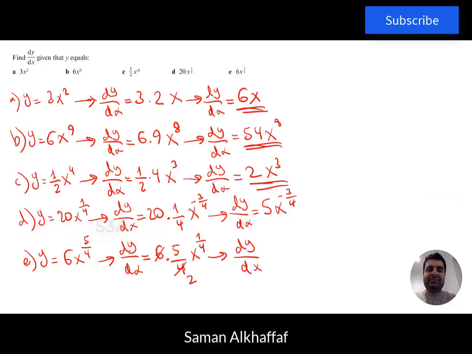So we would have 15 over 2 x to the power of a quarter. Okay, so this will be our answer for the expression, which is 6x to the power 5 over 4, and the derivative will be 15 over 2 x to the power of a quarter, which will be our answer for part E.